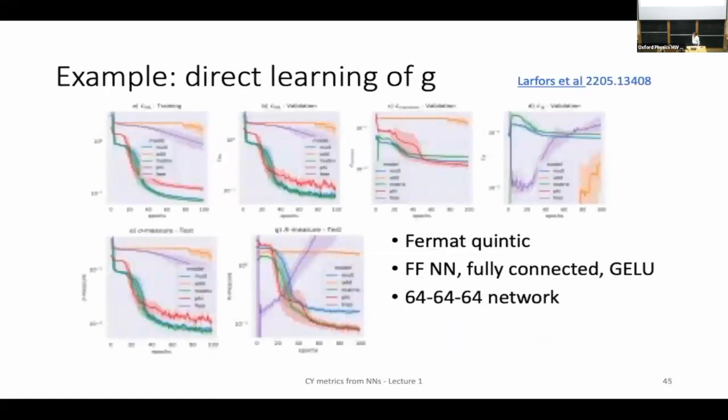And here are some examples, a bit fuzzy, sorry. Not sure what happened there. But anyway, here are some examples on the Fermat Quintic for different kinds of metric ansatz, and using some particular choice for the metric for the network with a width of 64, and there are 3 layers. They're fully connected with GELU activation functions.